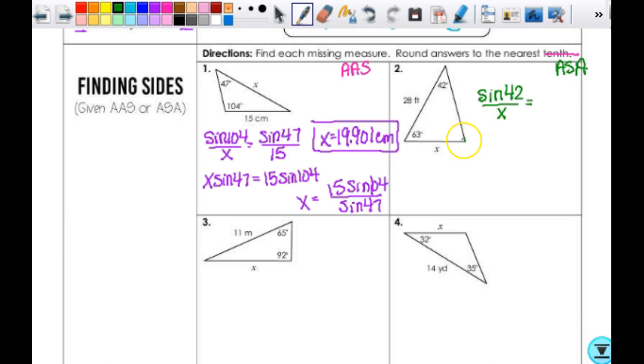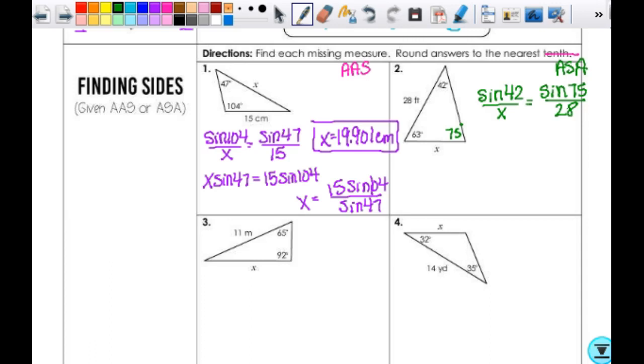I don't know what that angle is, so I have to find it. It's very easy to find. I'm going to add these two together and subtract from 180. That is something you should be capable of doing without a calculator. However, since you do have one that you're allowed to use, use it so you don't mess up on something easy. And you get 75 degrees here. So that means I take the sine of 75 over 28.